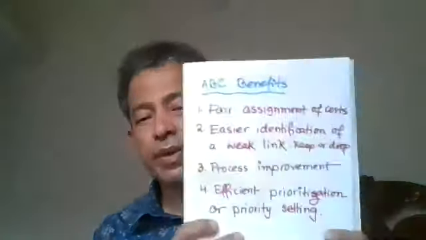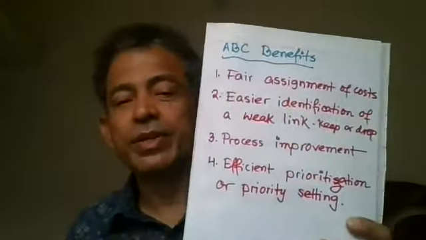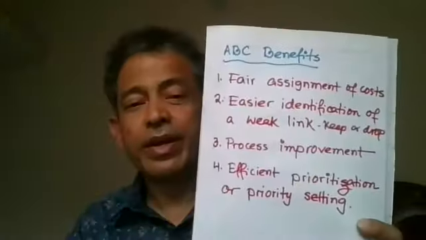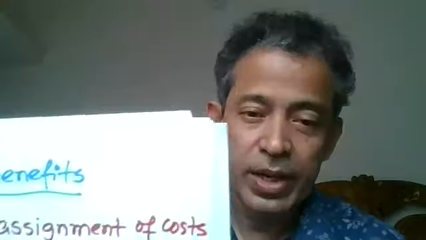So now ABC benefits. We are nearly there. ABC benefits: I find it, at least, an attempt at finding a fairer basis of costing, a fairer way of costing. So fair assignment of costs, because nothing idle goes in there. You're not going to be made responsible for things that you don't use.